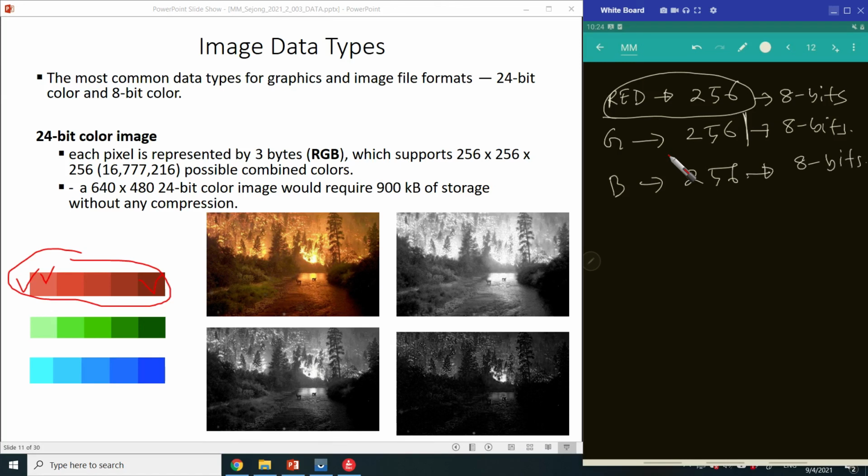So we need 8 bits to identify red levels, another 8 bits for green levels, and another 8 for blue levels. So now we need 24 bits of information to identify the color of a pixel, right?